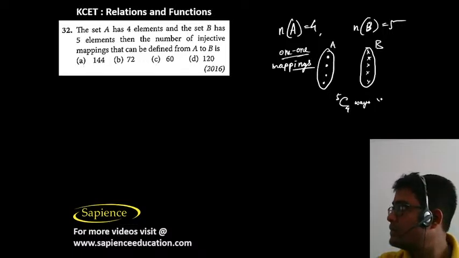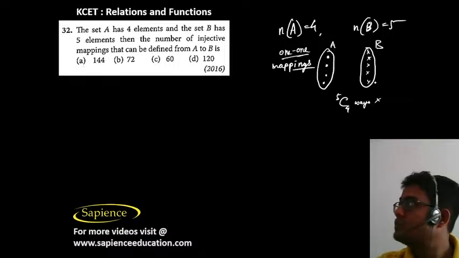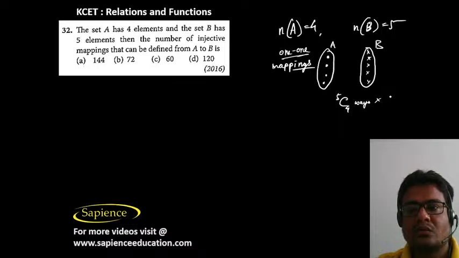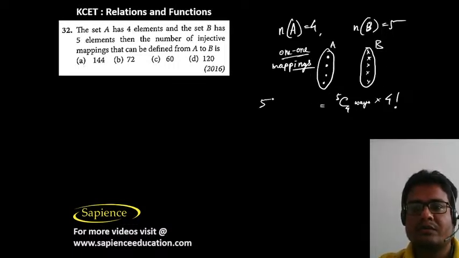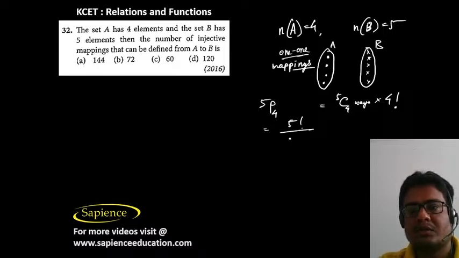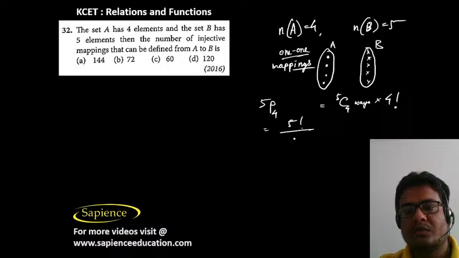5C4 ways, and that into 4 factorial we can do, since those 4 elements can be rearranged also. So therefore it will be 5P4 actually. So that will be 5 factorial divided by (5 minus 4) factorial, that is 1 factorial.